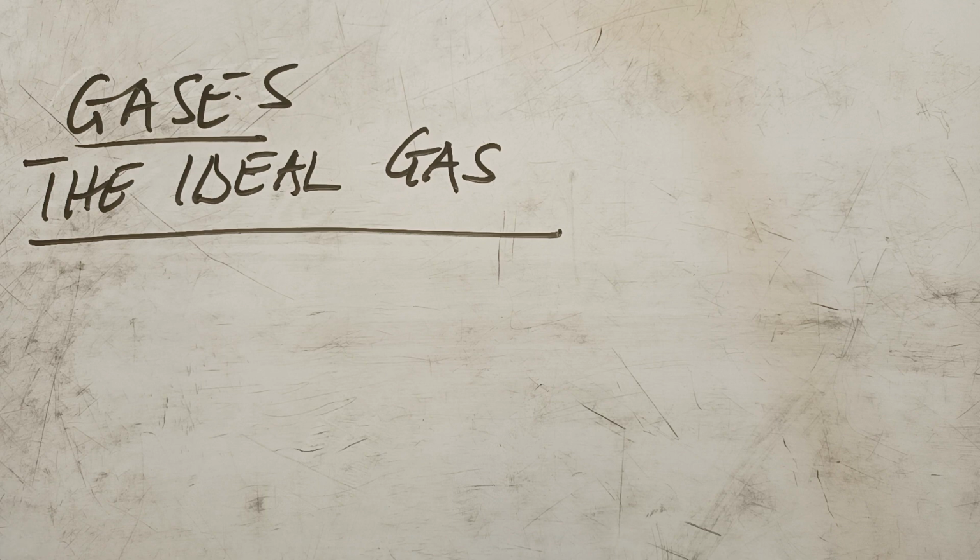Any gas behaves as an ideal gas if its density is very low. So gases whose density is very low always behave as ideal gases.